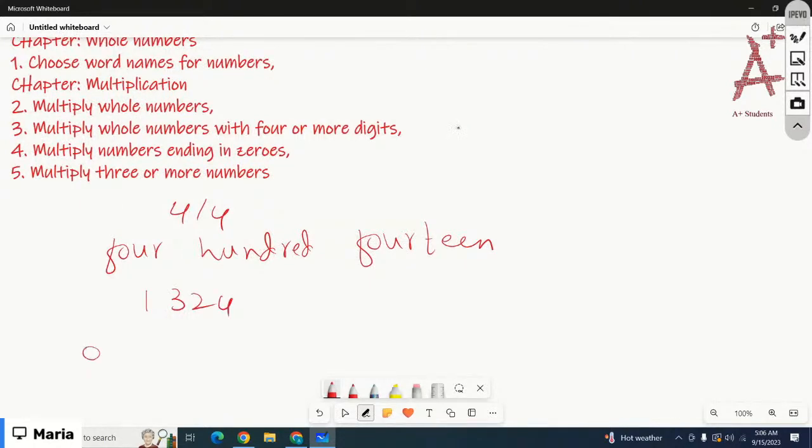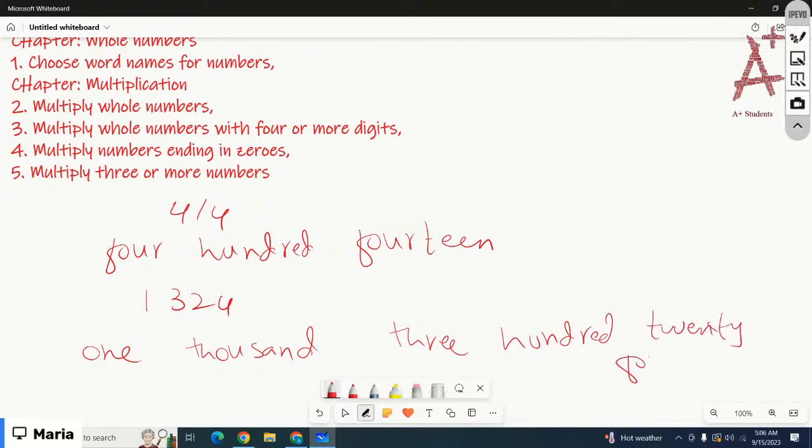How do we write? It is ... 1324, right? So that's how we write down the number in the words form.